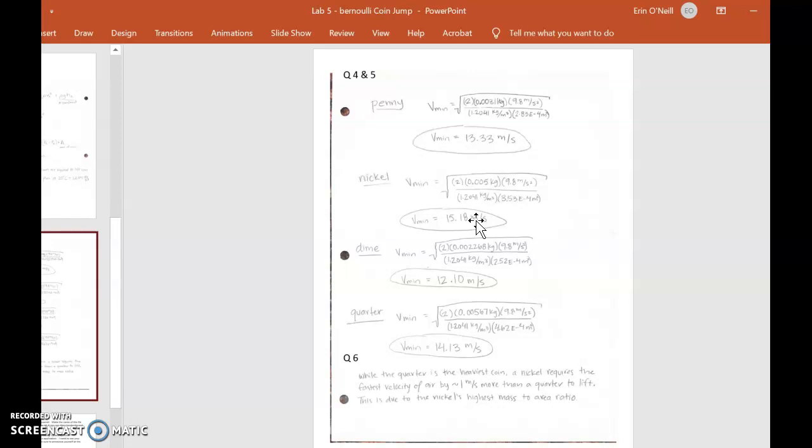It's a smaller area, but the mass is 5 grams, which is just a hair less than 5.67 grams, which is the quarter, but the quarter has a much larger diameter, as you can see, 4.6 versus 3.5, to the -4 meters squared. So that's why it takes faster moving air to lift the nickel rather than the other coins.